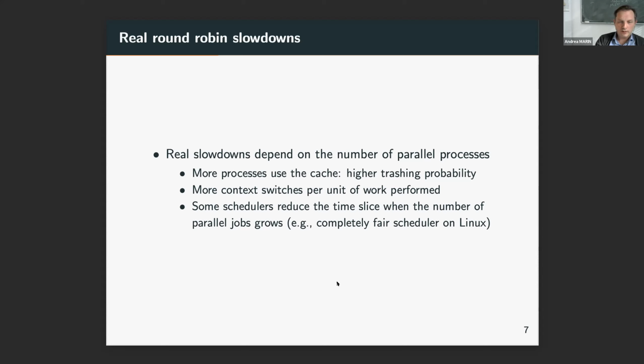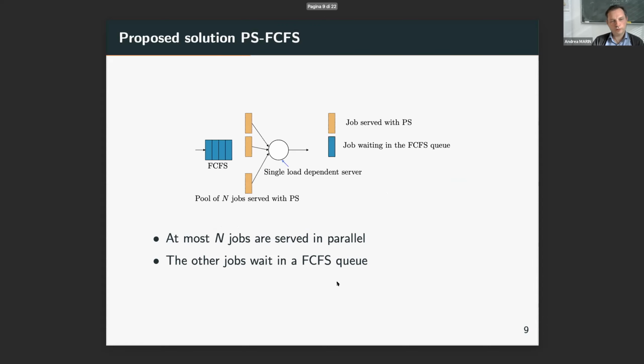Moreover, some schedulers, like the completely fair scheduler on Linux, tend to reduce the time slice assigned to a job as the number of jobs grows, and so you have more context switches when there are more parallel jobs in the executing phase. So what's the contribution of the work?